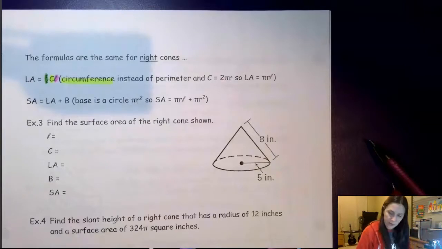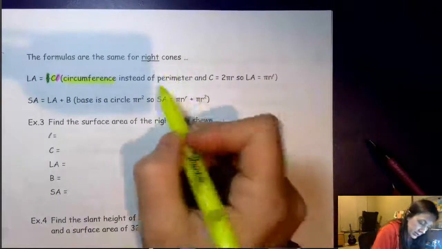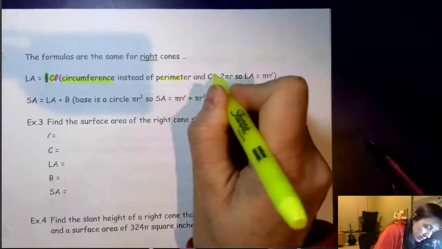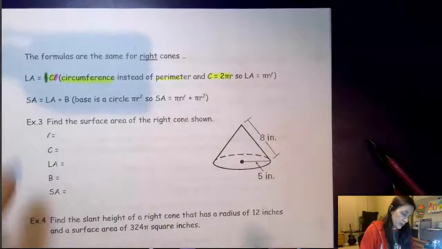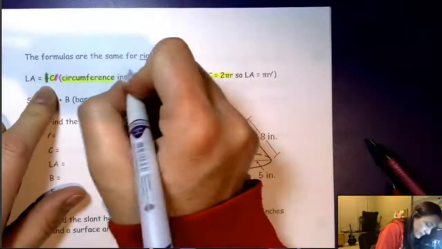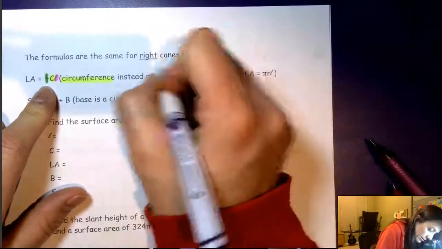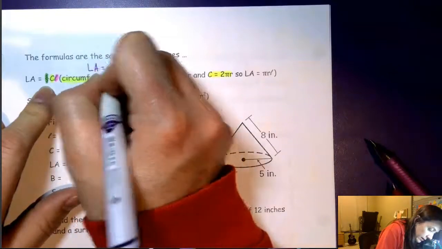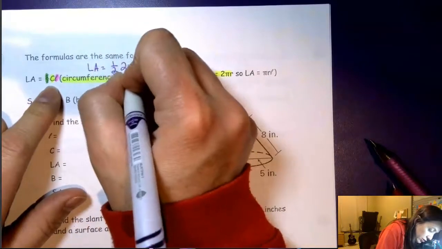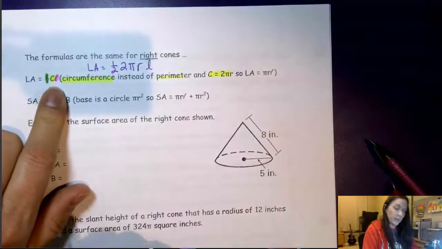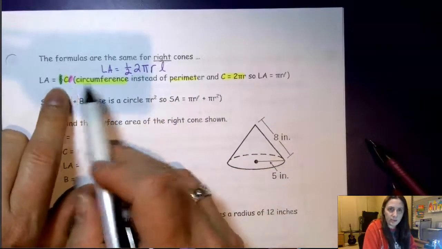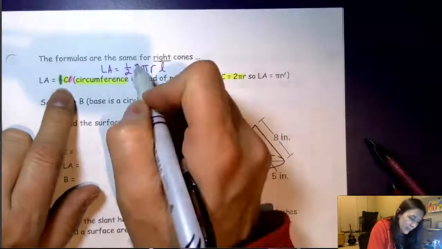Okay, so circumference right here, which is again the perimeter of a circle, 2 pi r. Lateral area is going to be 1/2. So if you watch this, lateral area is 1/2 times 2 pi r times the slant height. So this is essentially 1/2 times 2 pi r, that's going to cancel.